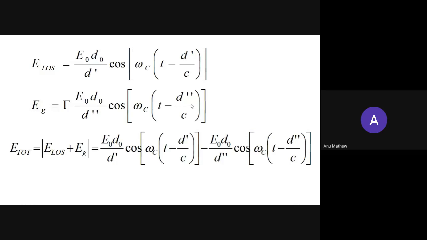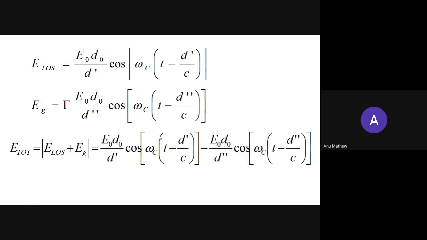For small values of the angle of incidence, that is theta I, the reflected wave is equal in magnitude and 180 degrees out of phase with the incident wave. So the resultant electric field has the reflection coefficient tau equal to -1.